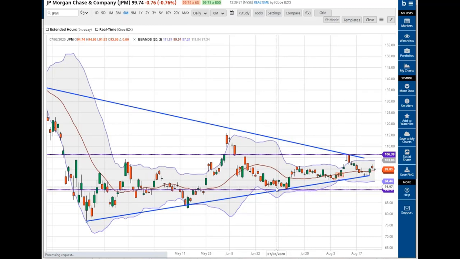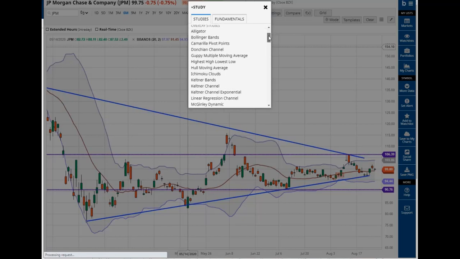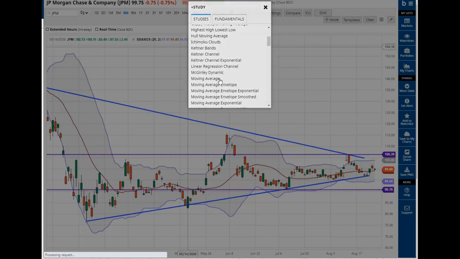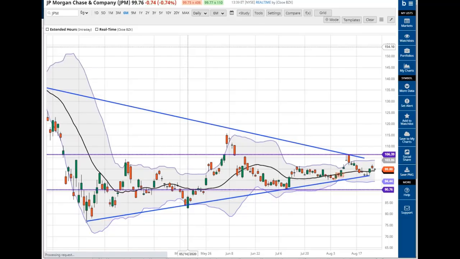One of the cool things about using the Bollinger Band and the 20-day period for the mean is, what I've done here is I'm going back to my studies, and let me put back in our moving average. And notice what happened. We put in the moving average and it's right on top of the mean of the Bollinger Bands.